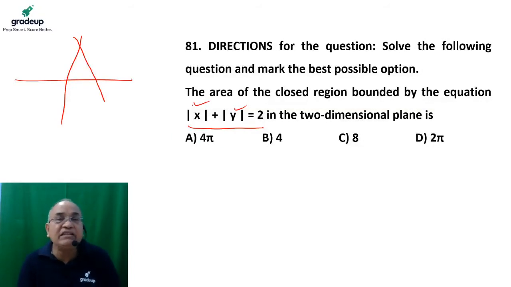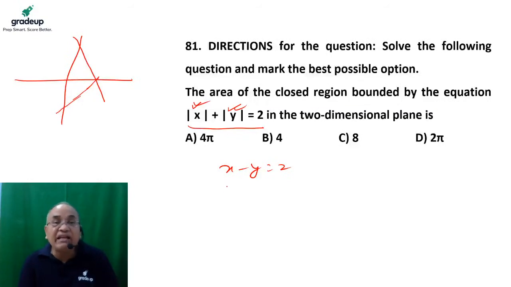If I take x as positive and y as negative, and put x equal to 0, the value of y is minus 2. So that line will intersect the xy region here.